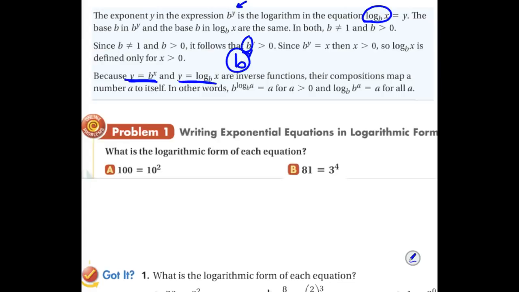We've talked in the past when we do compositions of inverses, we are going to basically undo each other. So we end up getting back to a. If we look at this one first, it says log base b of b to the power a is equal to a.